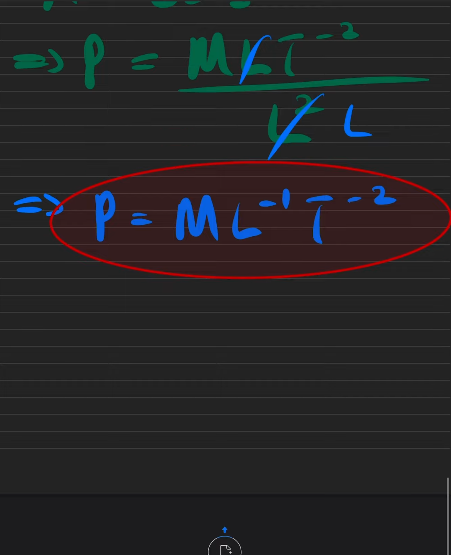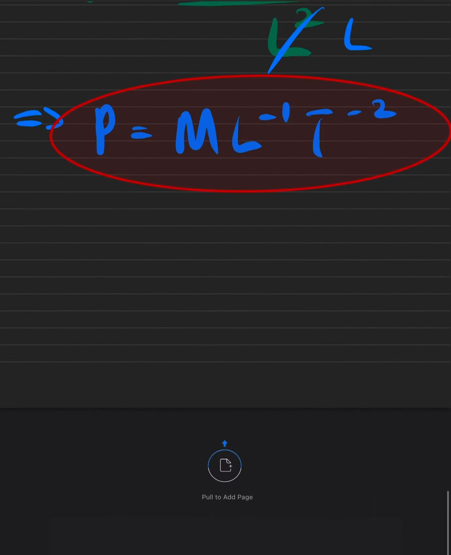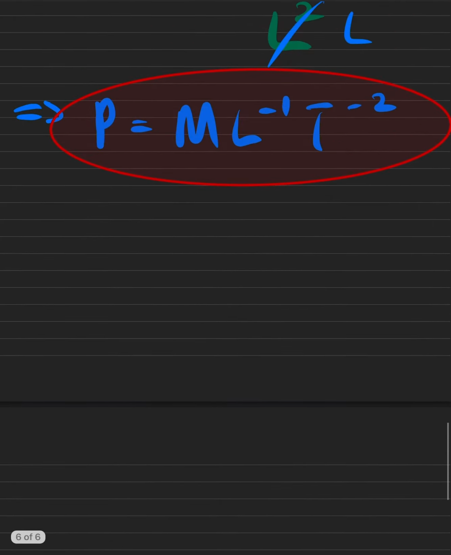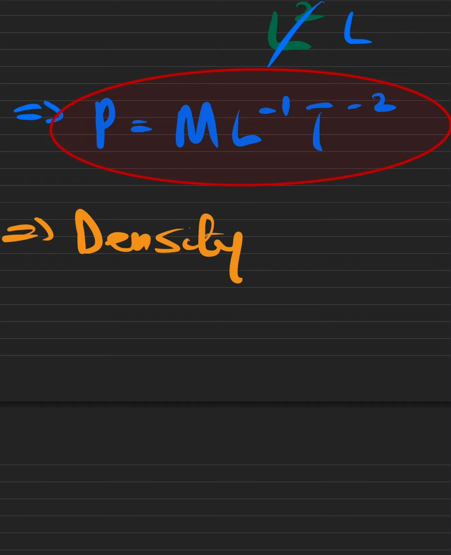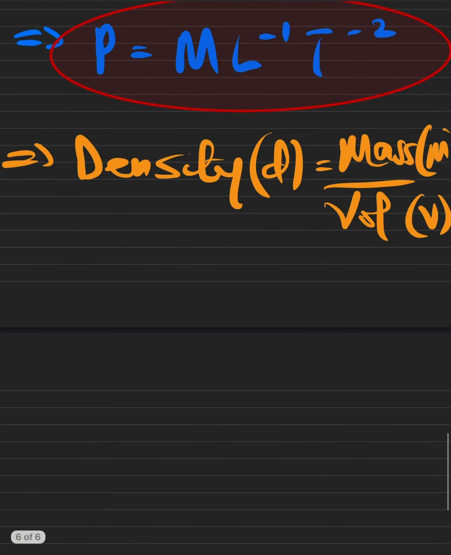Do the same thing for density. You know what the formula is going to give us. For this case, we usually use rho, but here we are using D, so stick with it. The formula is mass over volume, which we usually have as M over V, right?